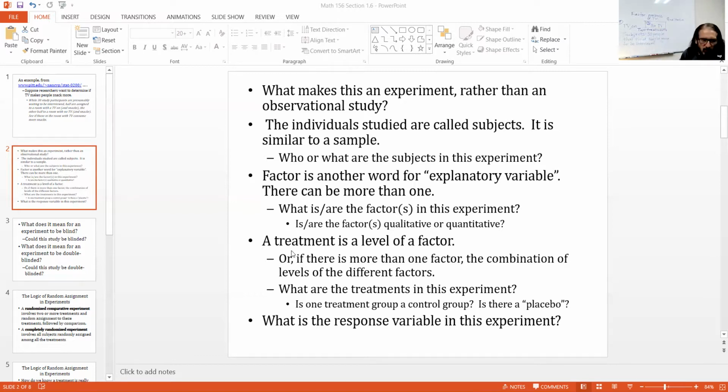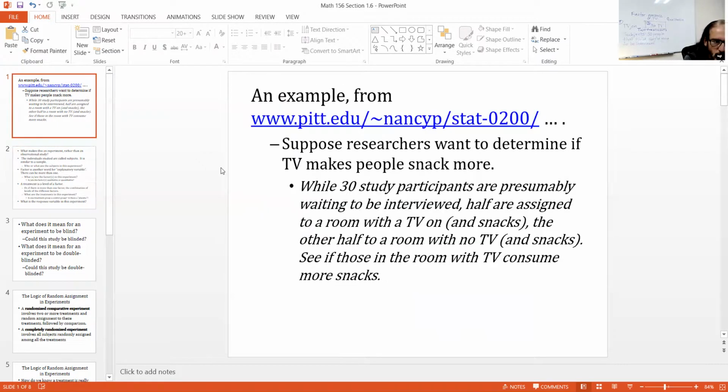And as for the last part, what is the response variable? We'd be looking for some measurement of how much of the snacks were consumed. Maybe how many bags, or how many bags per hour of candy, something like that.